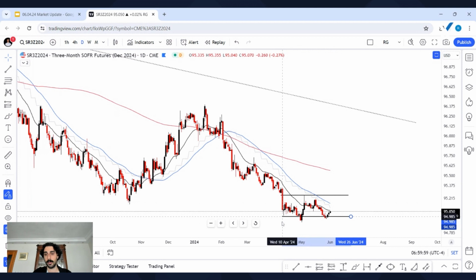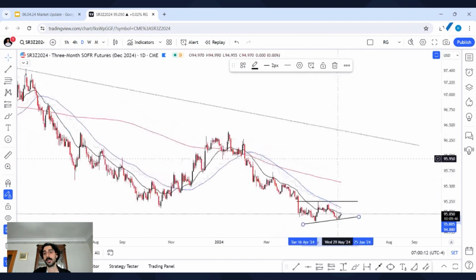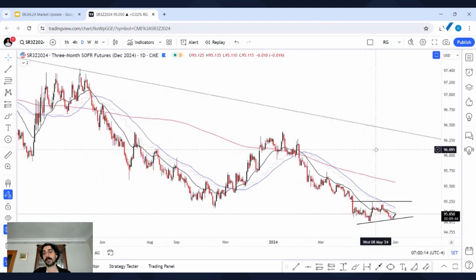If we see further upside movement from this, then I would expect it to come a bit lower, then go up. So that's why this is the chart that I'm monitoring for the market perception about the potential rate cuts. That's why I found it pretty important.